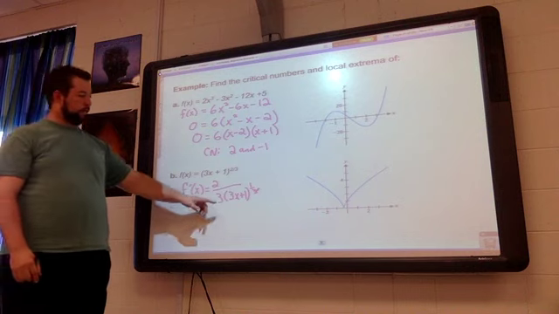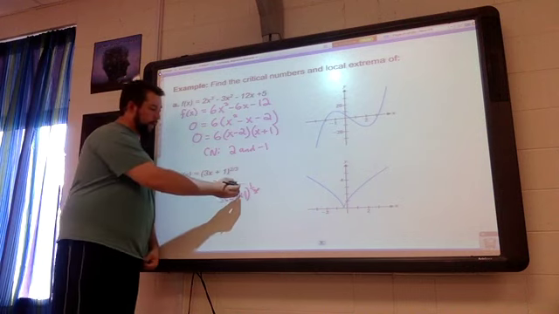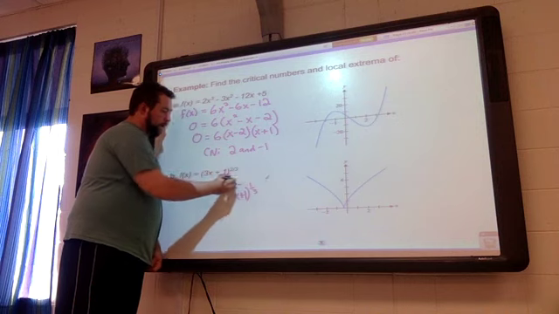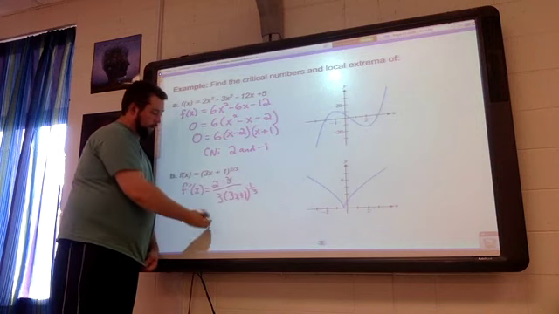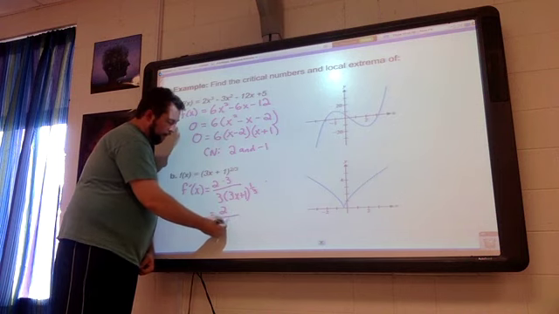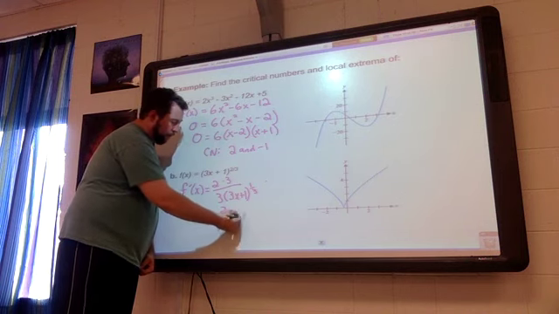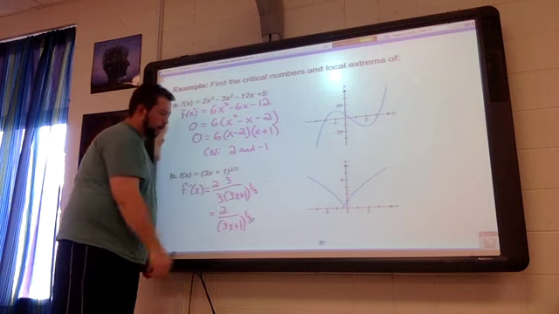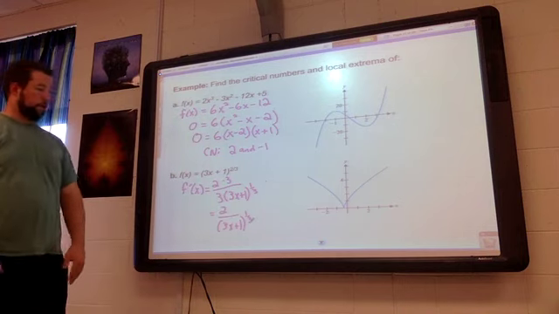And we also need to take the derivative of the 3x, which would be 3. So we can either multiply it on the side or multiply it up top. Clean that up a little bit. This gives me 2 over 3 times the 3x plus 1 to the 1/3 power, or the cube root of 3x plus 1 on the bottom.